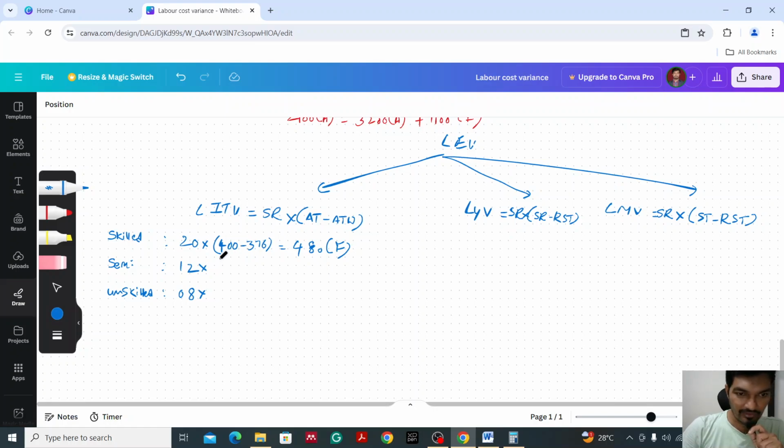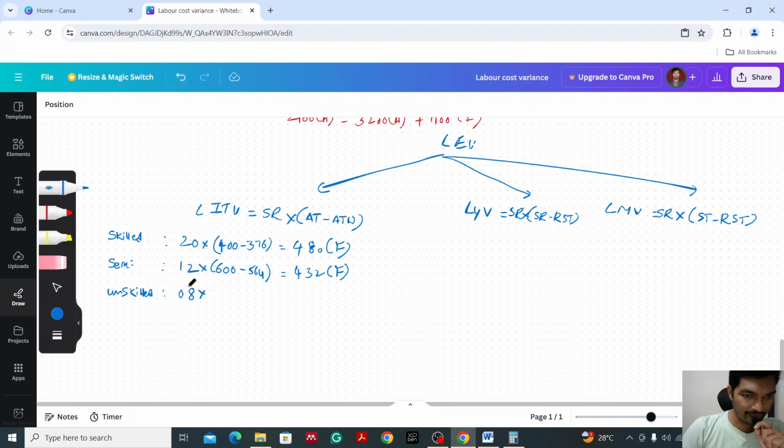Similarly, for semi-skilled also, the actual time is 600 and the actual time worked is 564. Again we are getting a positive value of 432. This is also in favor.